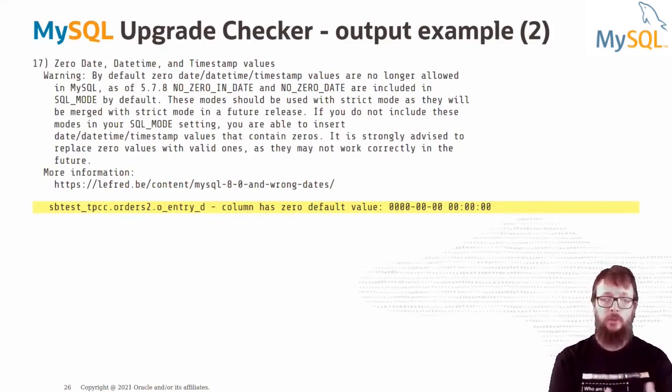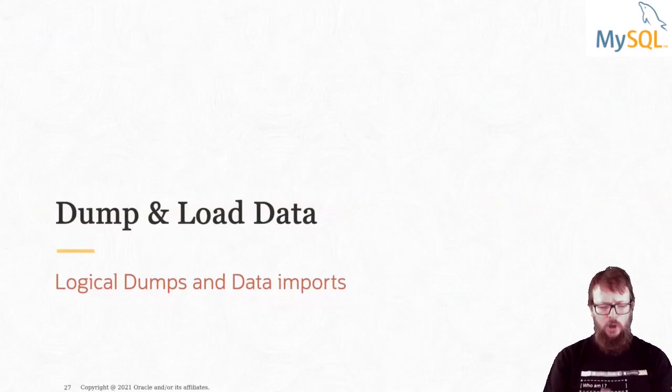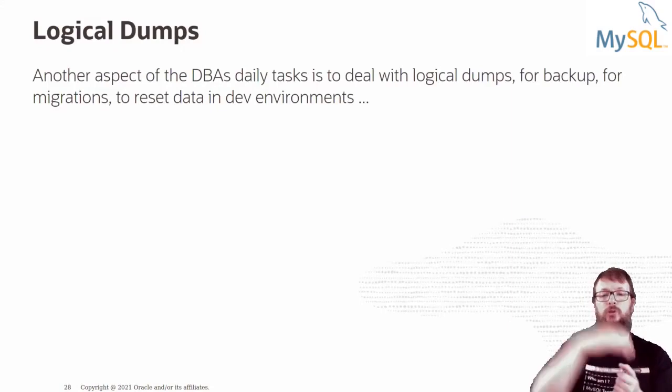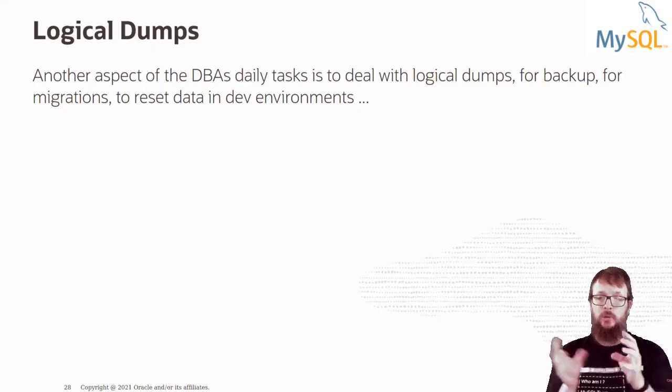So this was the second point of the DBA daily or usual tasks. The other one is dump and load, right? Logical dump and load of the data. Don't forget that if you just want to copy data from one server to another one, you can always use the clone, which is integrated in the admin API.